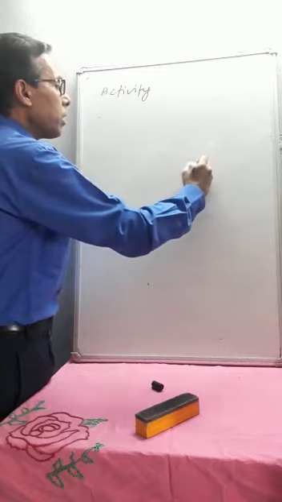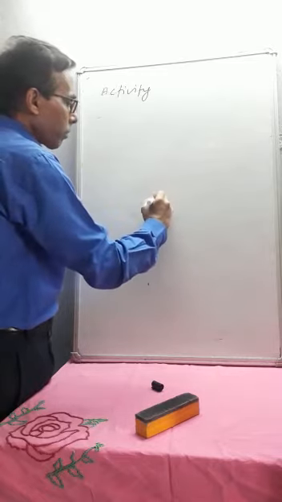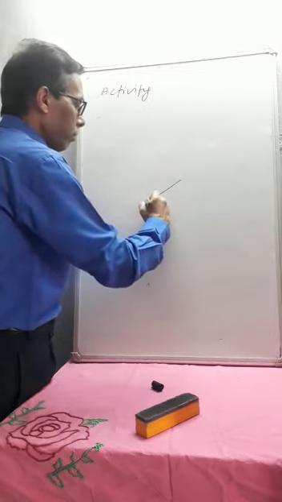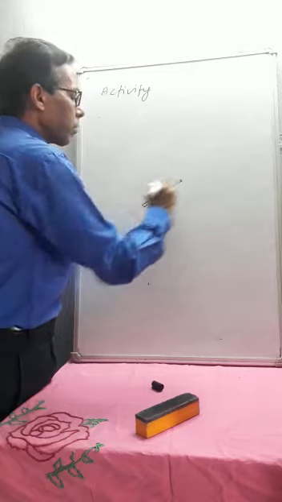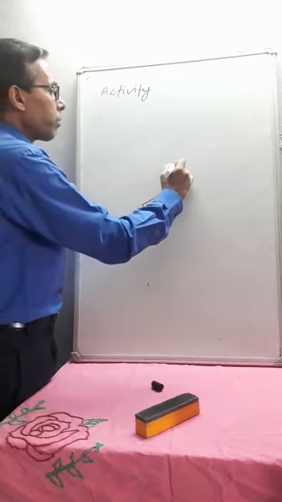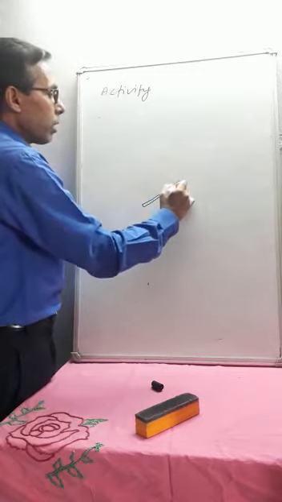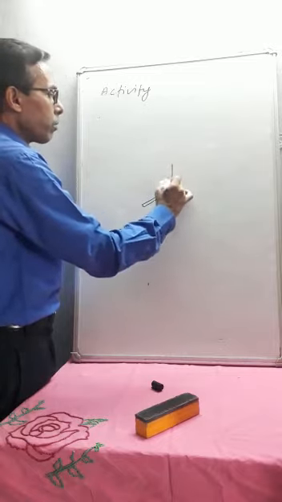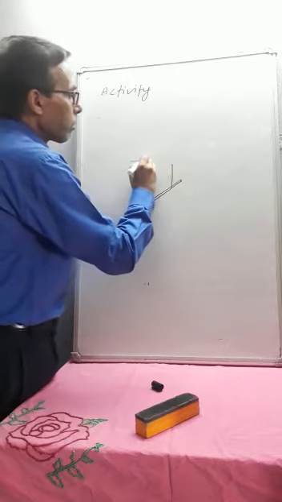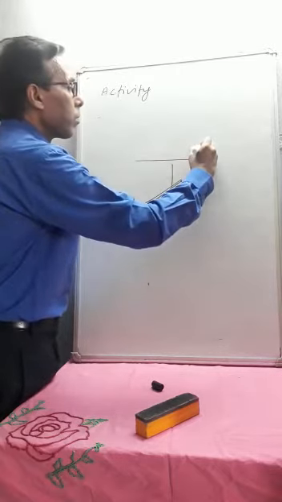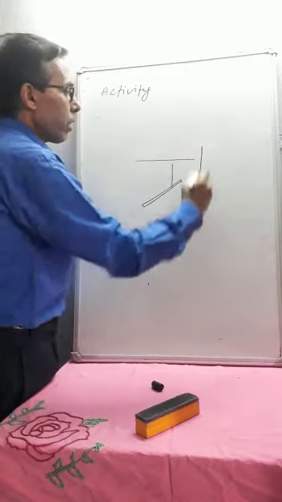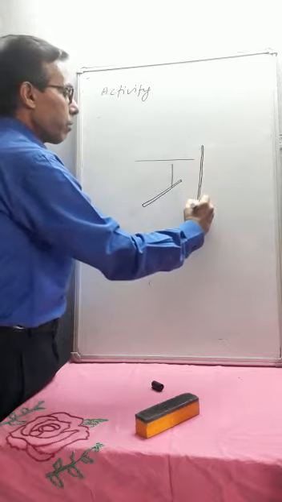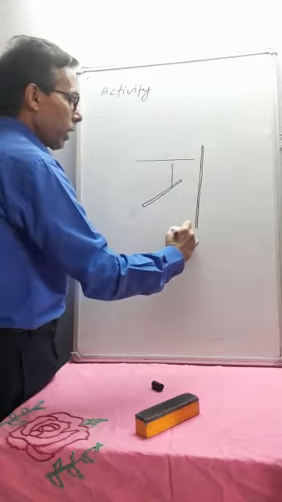First we take an aluminium rod, which is suspended by an iron stand clamp.